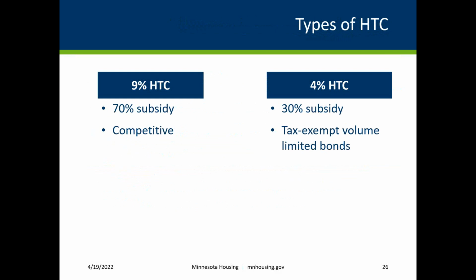The 70% subsidy or 9% tax credit supports new construction without any additional federal subsidies, but you can apply for deferred funding through Minnesota Housing. 9% credits have a higher applicable percentage than 4% credits, allowing for more basis to be captured and translating to more equity or syndication proceeds to the development. The fact that the credits are limited and have a higher rate makes 9% credits extremely competitive.